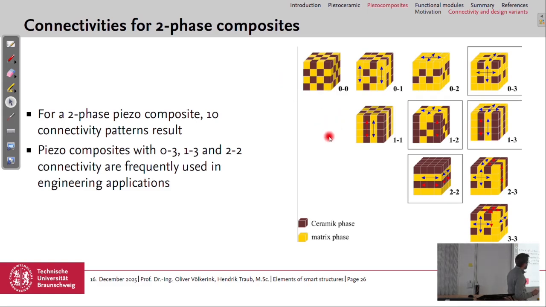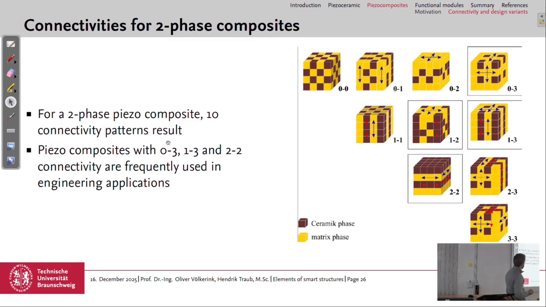We could have 1, 1, so ceramic fibers with matrix fibers, or a 2, 2 connectivity where we have a stack of films, so a film of ceramic and then a film of matrix and so on.